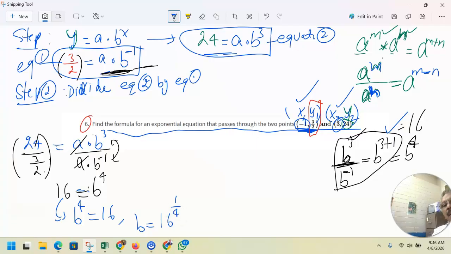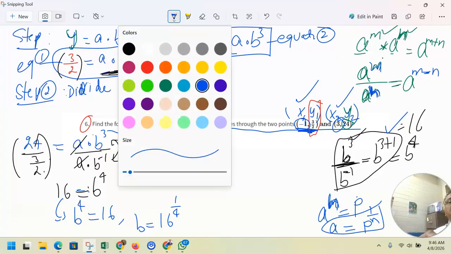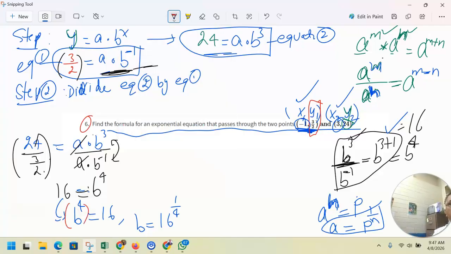If a raised to n equals p, then a is p raised to 1 over n. That's the formula I'm using directly. Or the digital textbook will show you, you raise to the power 1/4 here and 1/4 here also. That is also correct. So this crosses out and you end up here.